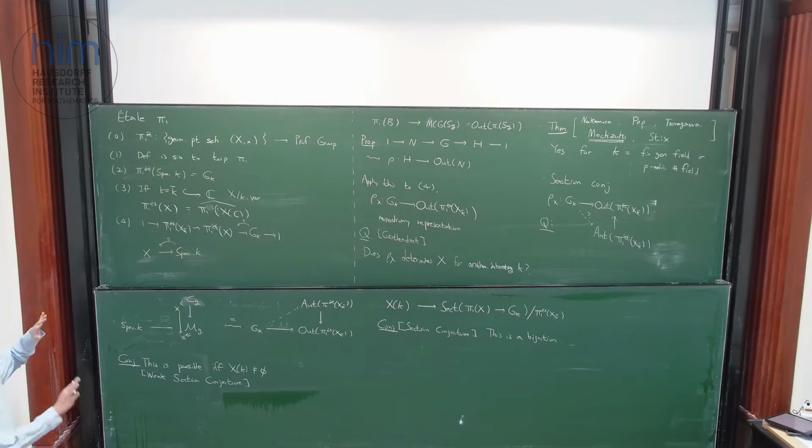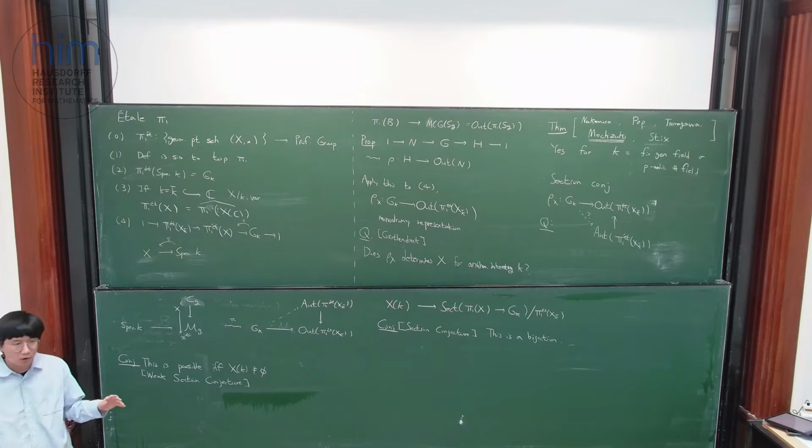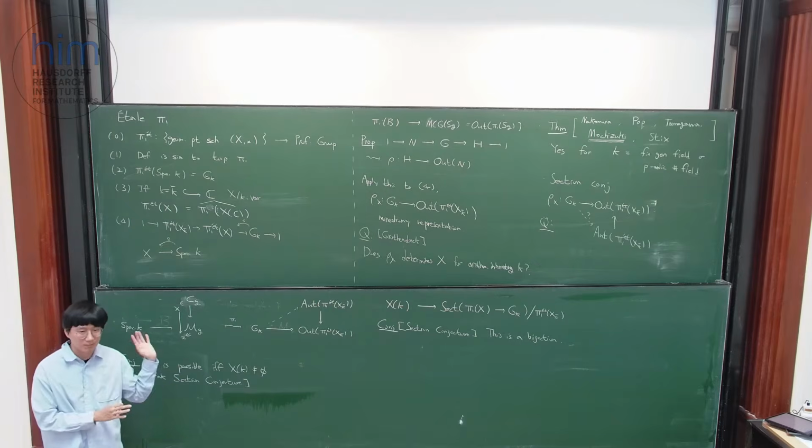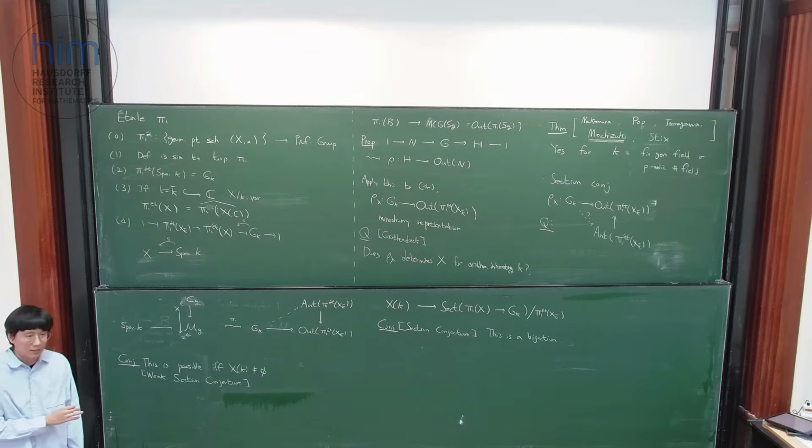Oh, sorry, I'm assuming that g is at least 2 everywhere. We can allow g equal to 0 or 1 if we allow some punctures or marked points, but I am not talking about this right now. I am focusing on the projective cases of anabelian geometry. Any other questions?